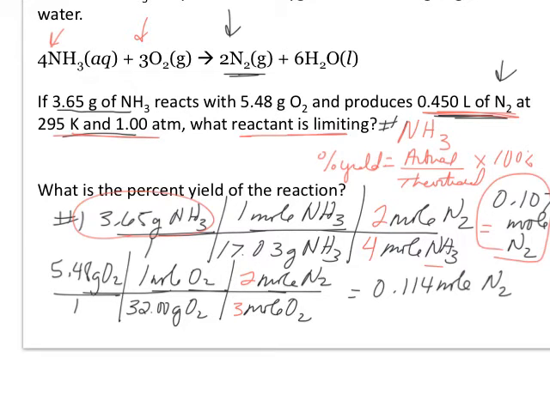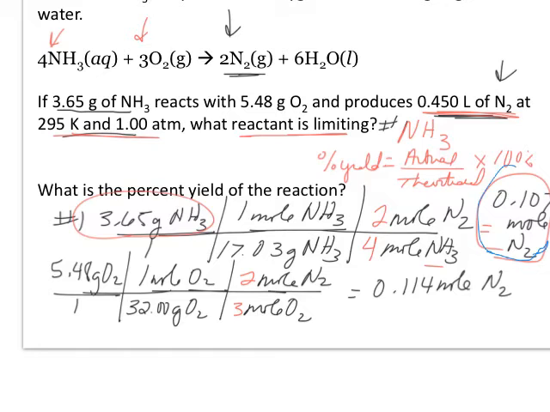Now, as long as our units are the same for actual over theoretical, like if you solve things in terms of grams, then you need grams of actual over grams of theoretical. You can also solve things in terms of moles, but you got to make sure that when you solve for your actual, that's in moles and theoretical's in moles. So in this case, we already have our actual. Okay. Do we have actual?